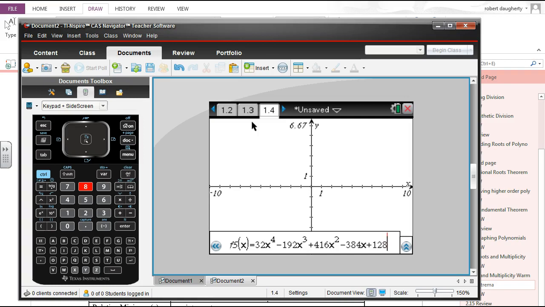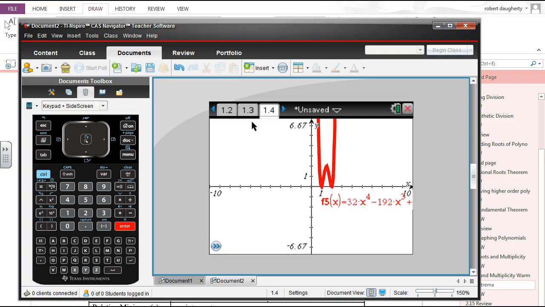Okay, what is a key skill when you're typing this in the TI Inspire? Don't mess up. So double check what you put in there. So there we go. This is our polynomial. Now, does this look like the best graph to work on? What looks like it's not inviting to work on? It looks to be too squished up, right?